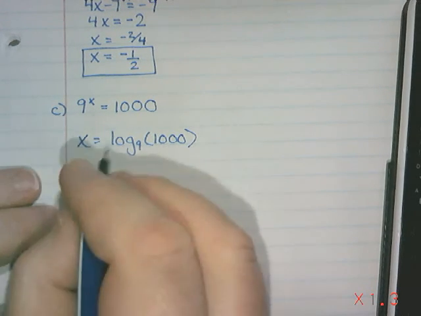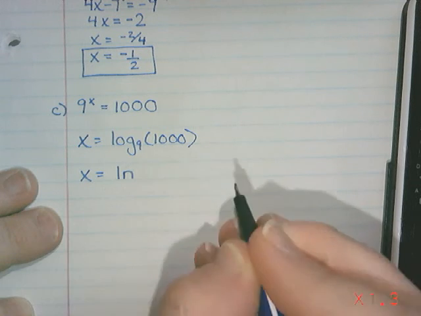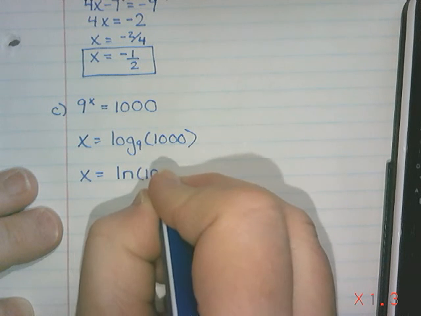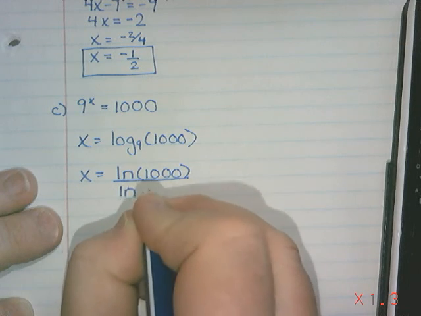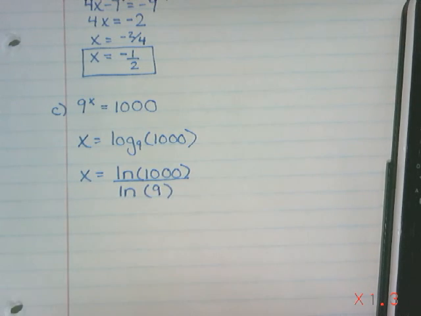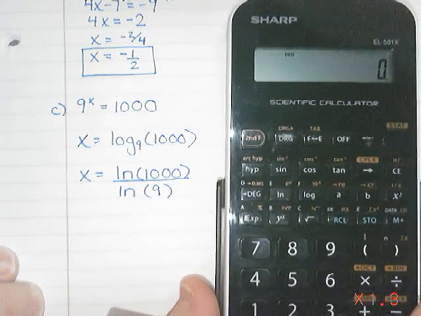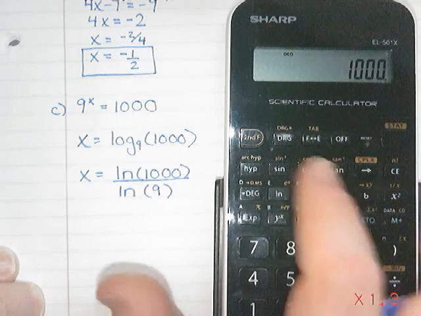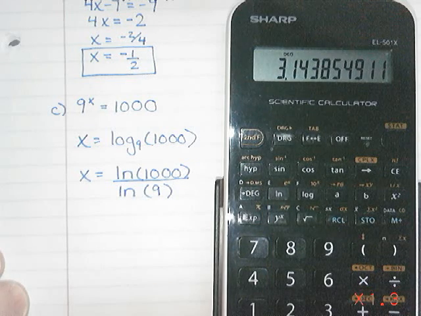I like ln, so the change of base rule says we do ln or log of the argument, so that is 1,000, divided by ln or log of the original base, which is 9. So on my calculator, I have to do 1,000 and then ln divided by 9 and then ln. I could also use my log button. It would do the same thing.